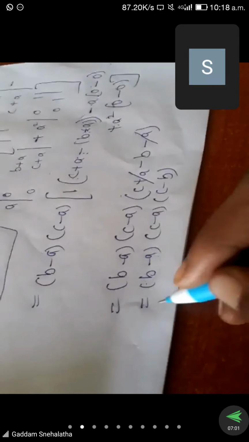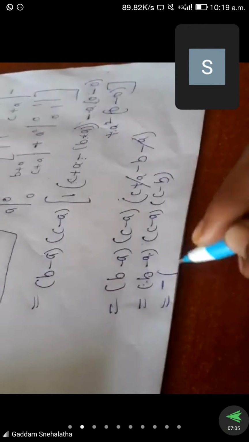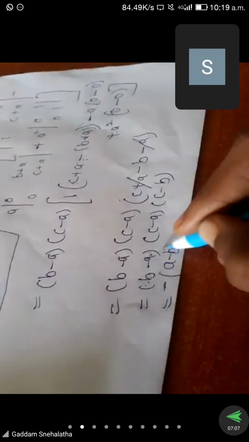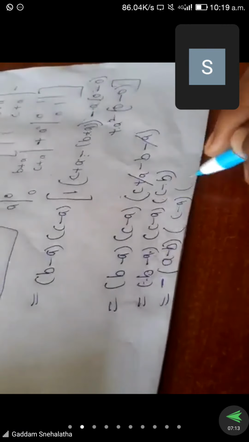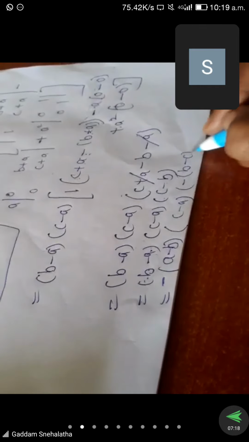But I want to prove A minus B, B minus C, C minus A. So this I want to change into A minus B. If I want to change to A minus B, I can get minus of A minus B into C minus A, we want. Next, C minus B I can write B minus C, so we will get minus.